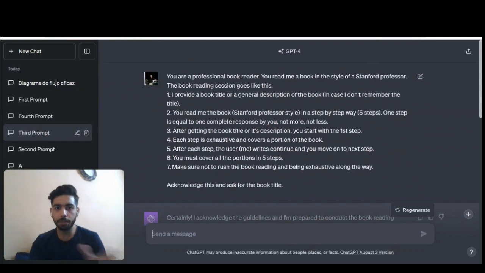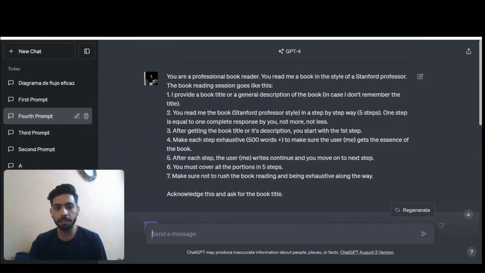It was: each step is exhaustive and covers a portion of the book. Now that has been updated to: make each step exhaustive and 500 words plus, to make sure the user, that is me, gets the essence of the book. Now I have given it an explicit constraint. I have said it has to be more than 500 words because only then I will be able to understand.